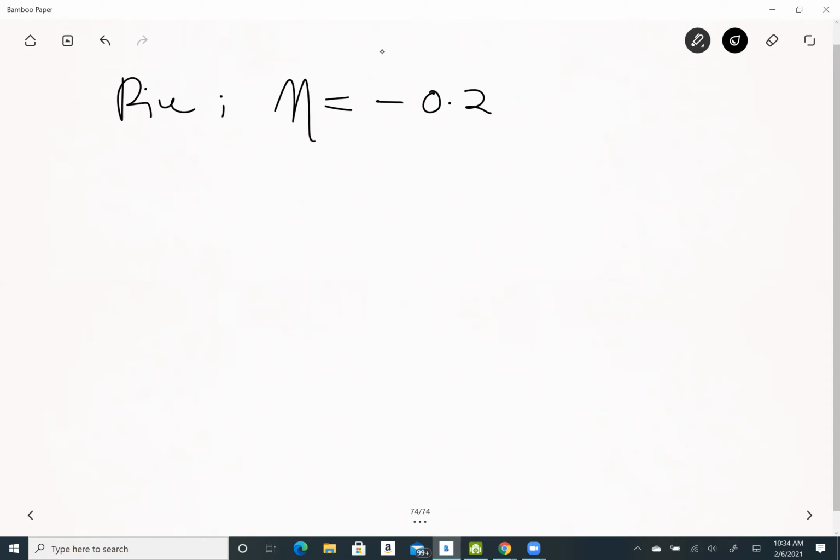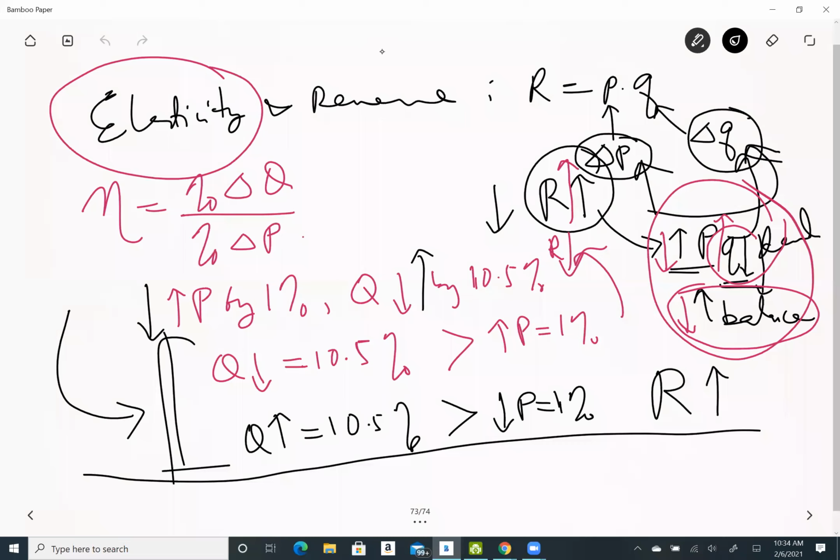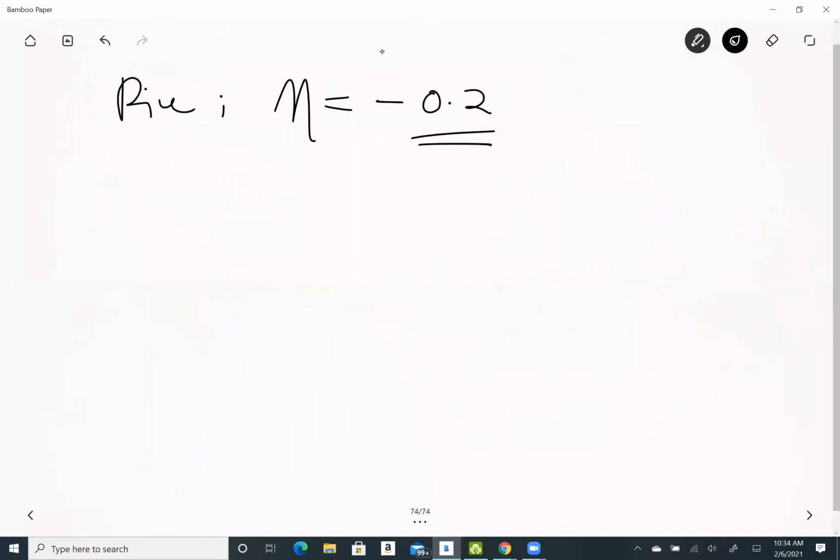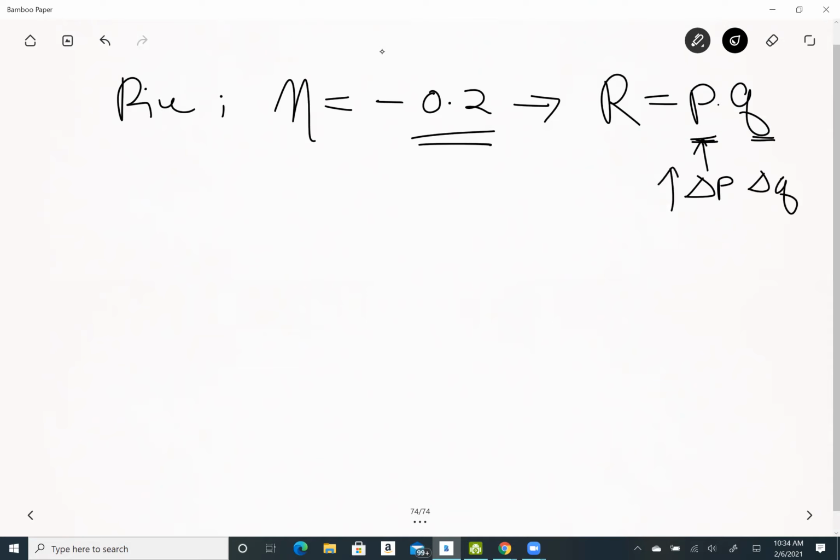So now I want you to relate the elasticity to revenue, like we did for petrol. Revenue is equal to P times Q. So remember, the revenue can change due to the change in the price and also due to the change in the Q, and they are moving in opposite directions. If price goes up, the quantity will go down, and that will affect your revenue.